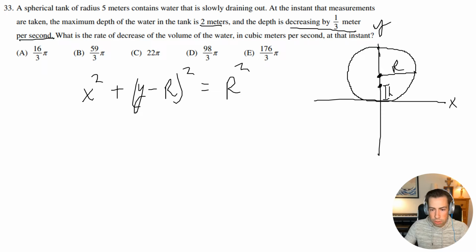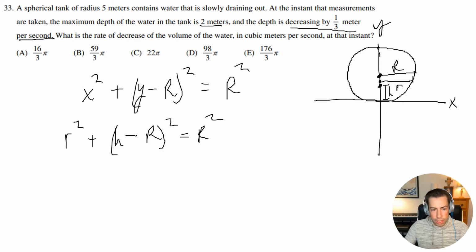And for any change in x, I'm going to call that lowercase r, which shows how the initial radius changes with time. So I can rewrite my variables: replace x with r, so we have r squared, and replace y with h, so plus h minus R, squared, equals R squared.